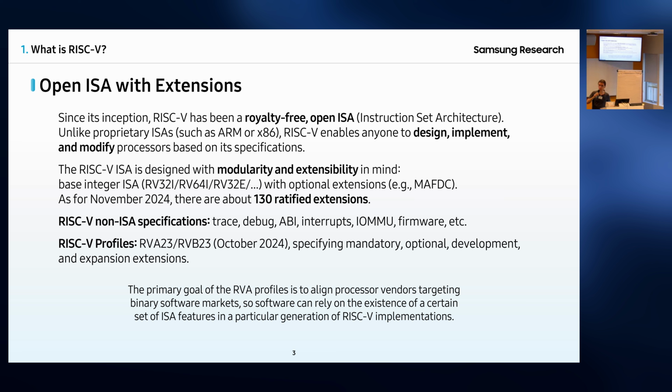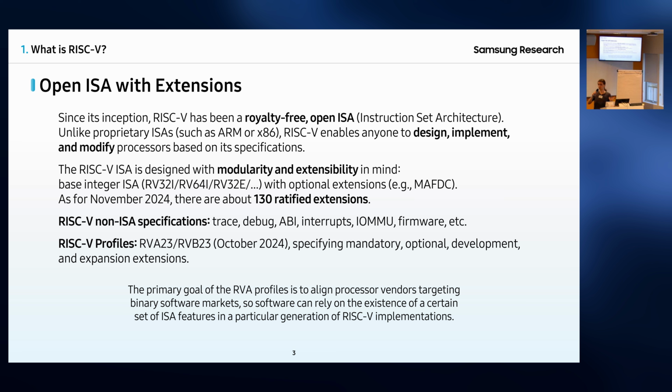And then you have additional extensions. Here I gave the example of MAFDC, which is multiply, divide, A for atomic, F for floating point operations, D for double, and C for compressed. But it's not all. We have over 130 ratified extensions. So it's a really big library of things which you can pick and choose depending on your application.